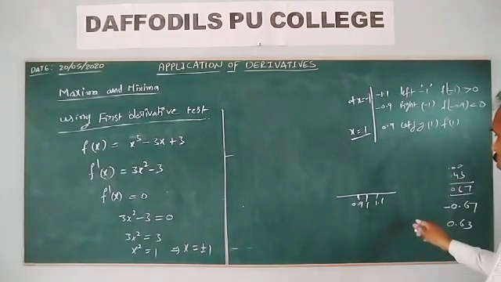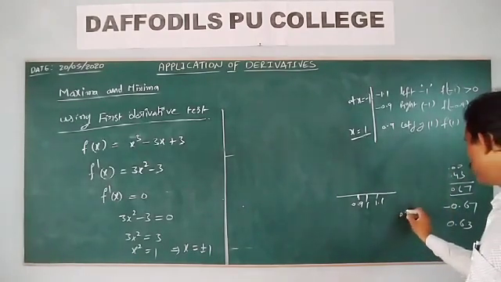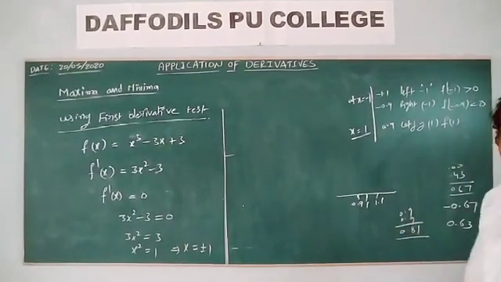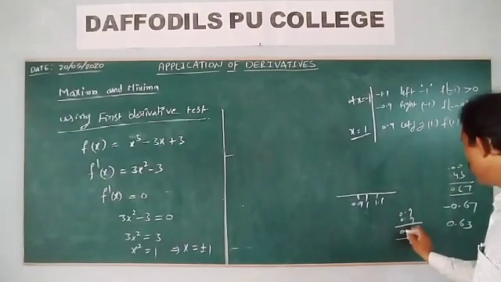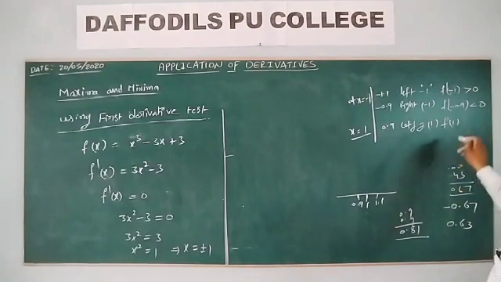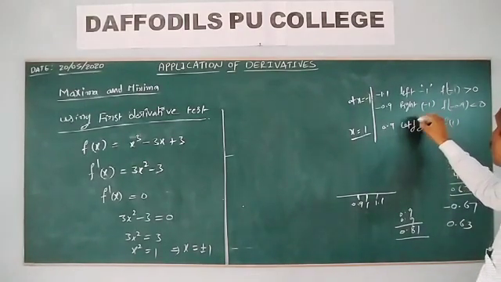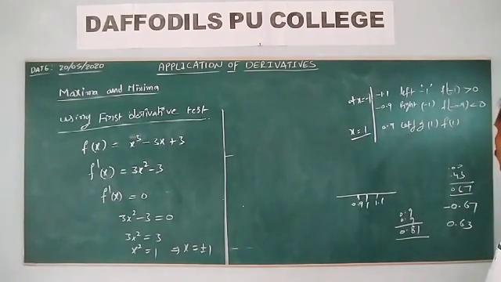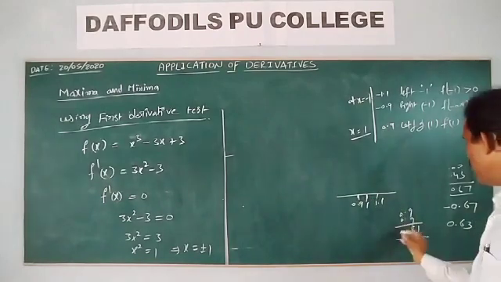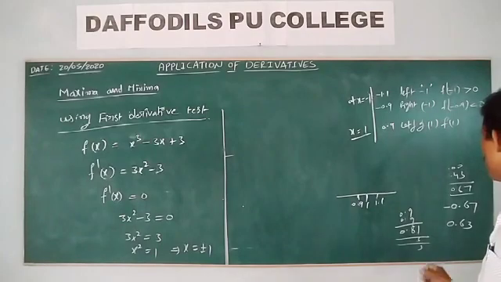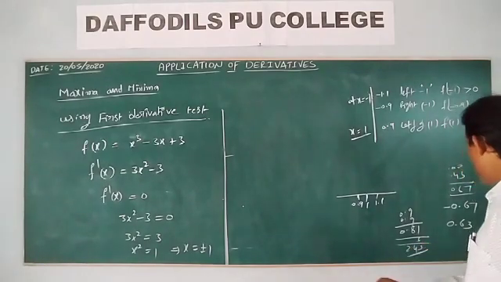What is the 0.9 value, already solved here? 0.9 value, 0.81. Okay. Substitute there. 3 ones 3, 3 eights 24, 2.43.